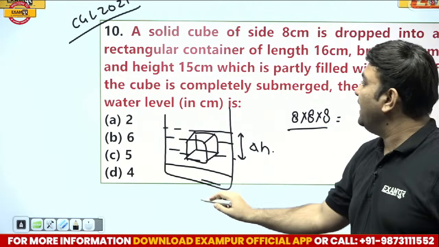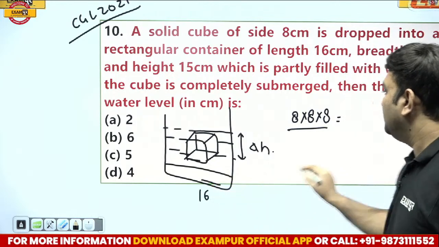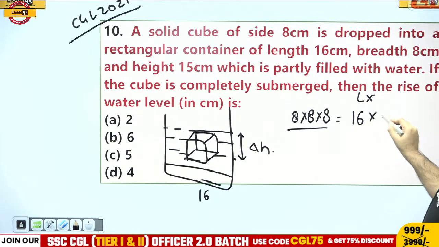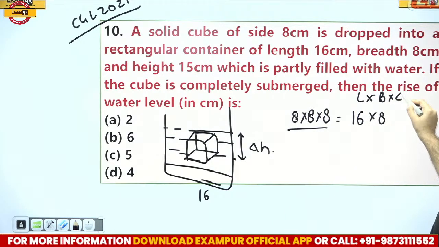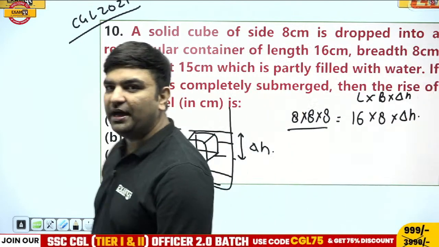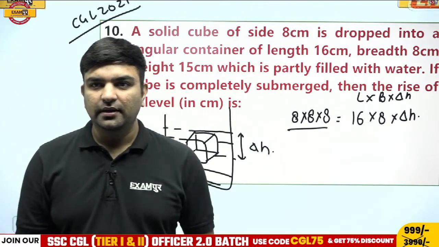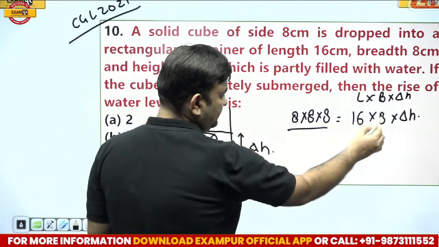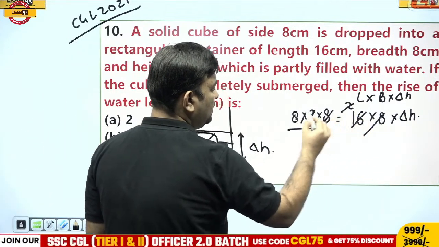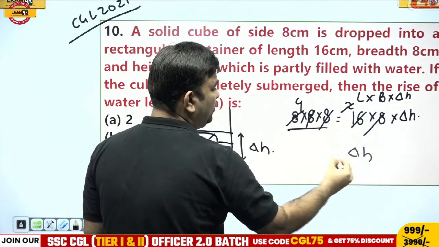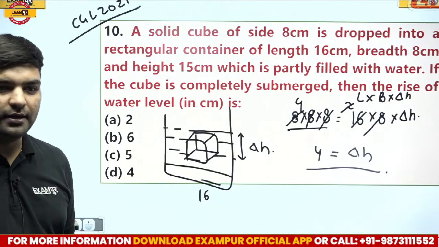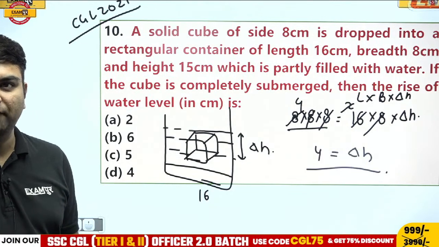The length is 16. The breadth is 8. And the change in height is, let's suppose, delta H. So change in height comes out to be 4.